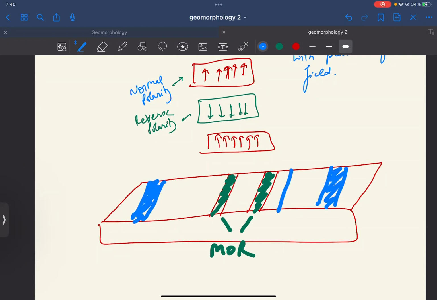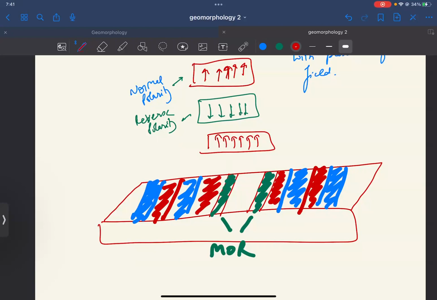They have normal polarity. Then new rocks were formed. They have reverse polarity. Then again the magnetic field got reversed. We have normal polarity. And now the present new rocks are being formed. They have reverse polarity. So what we found were strips of rocks. And all the rocks equidistant from the mid-oceanic ridges had the same magnetic property.